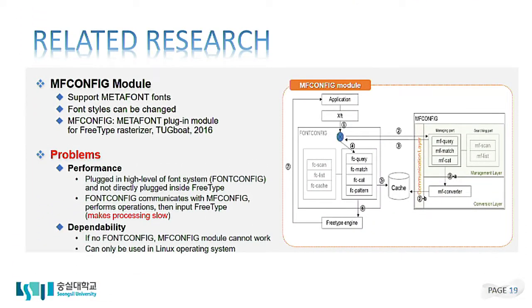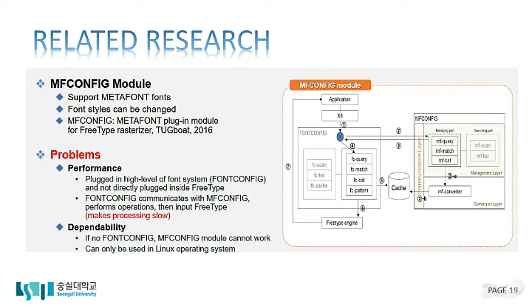And then 2 years ago, I presented this work at the TUG conference. Where was that? That was in Toronto, right? This work is MF config, a Metafont plugin module for the Freetype rasterizer. From the application, it calls font config directly.